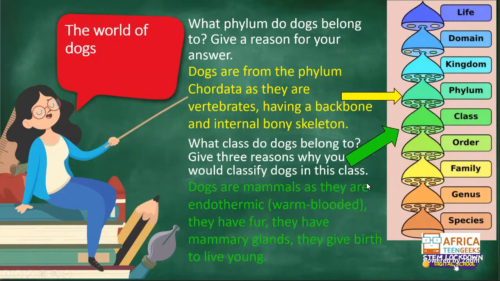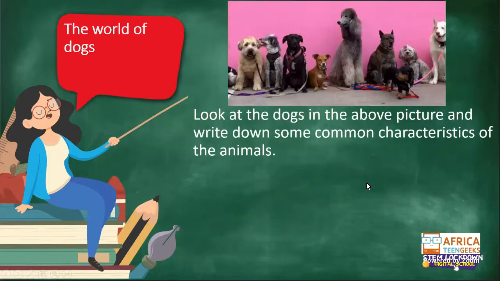Right, so look at the dogs in the above picture and write down some common characteristics of the animals. What characteristics can you see which are similar between all these dogs in the picture? In the chat box, go. Give me some characteristics. Fangs, yes.